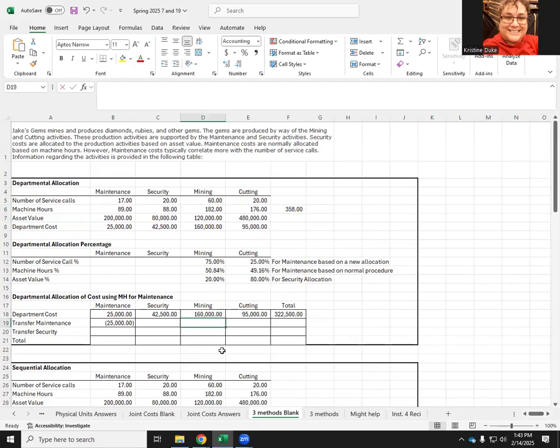So I'm going to go minus 25,000 because I need it to be a positive, times 182 divided by 358 in my parentheses, and I get that amount. I'm going to do the same thing over here, times 176 divided by 358.